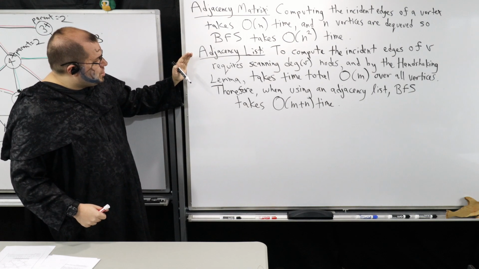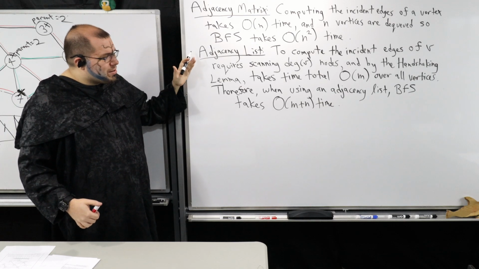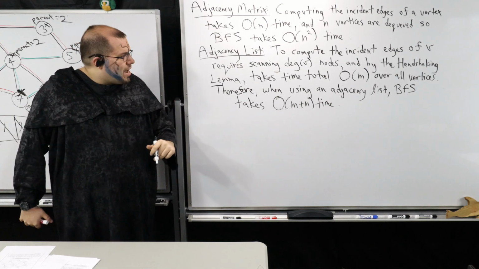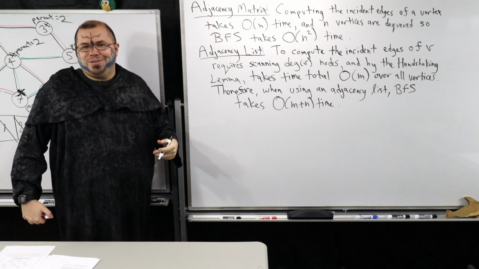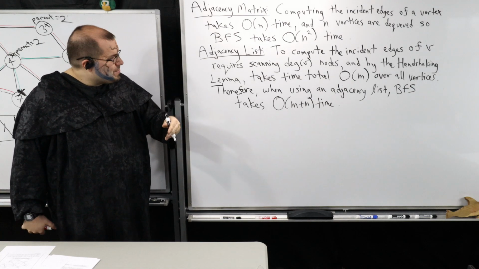The adjacency list, however, it's the same idea here. We have to compute all the incident edges. That means we're going to have to look at a given list. And that means I'm going to have to consider degree of V nodes in that linked list of the adjacency list.